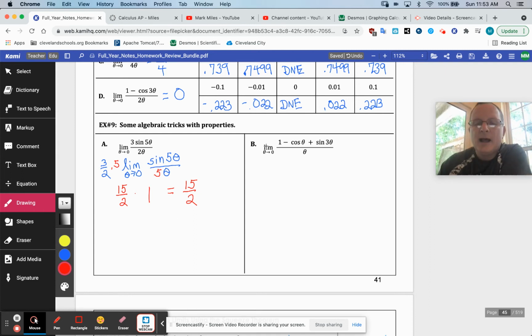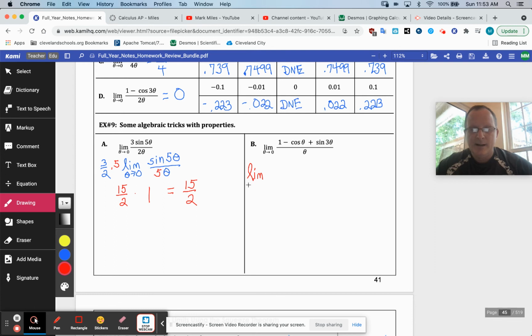Now, this one, again, let's make sure that we're getting a zero over zero. Cosine zero, if I do a direct substitution, is one. That's one minus one. The sine of three times zero is zero, all over zero. Yes, it is. So in this case, since I have a common denominator that I'm actually quite fond of, we're going to separate those two and use the limit property that allows us to separate any addition and subtraction.